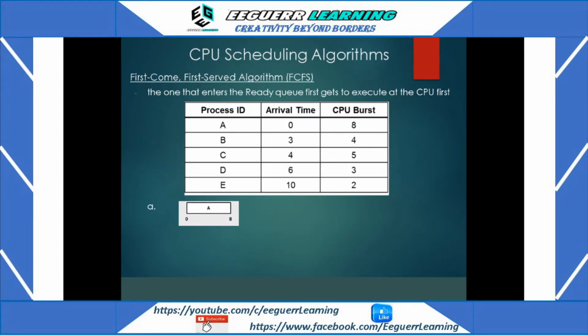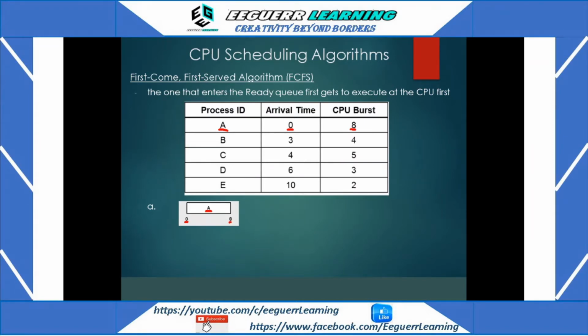Let us accommodate process A. We're going to schedule process A and consider its arrival time at 0 milliseconds, and we're going to place its burst time of 8.